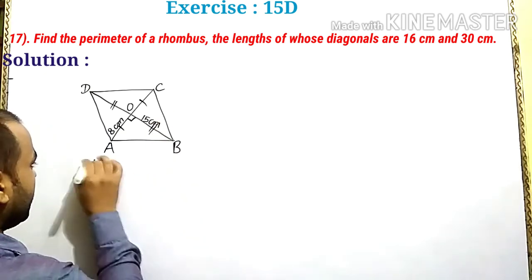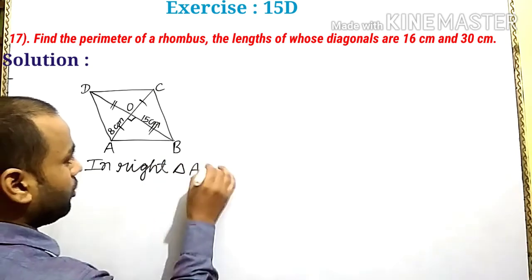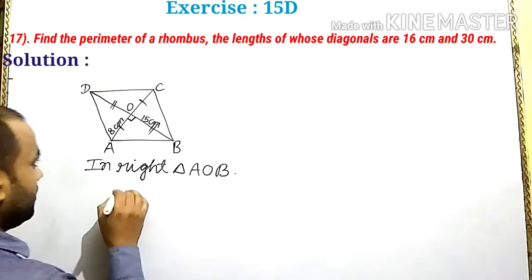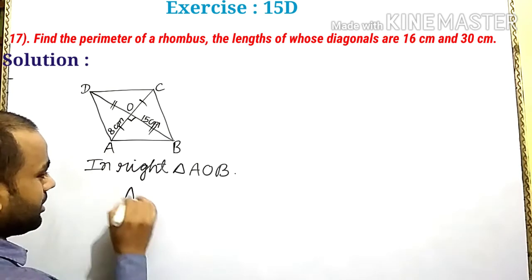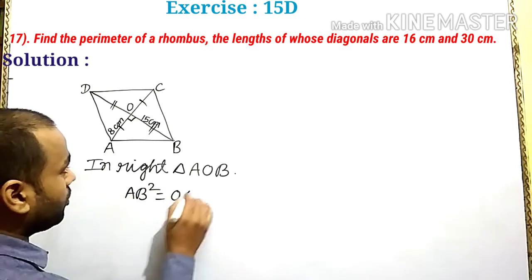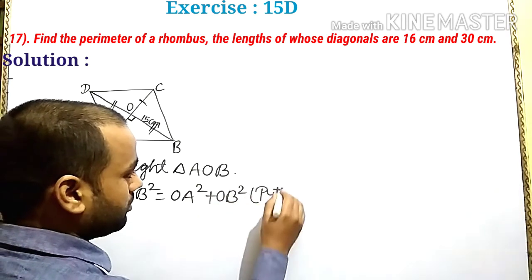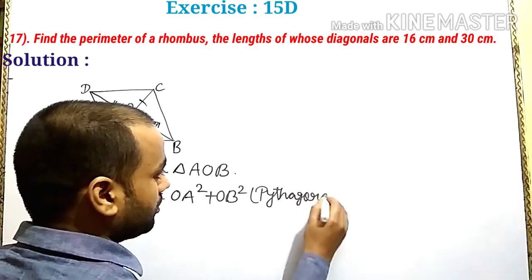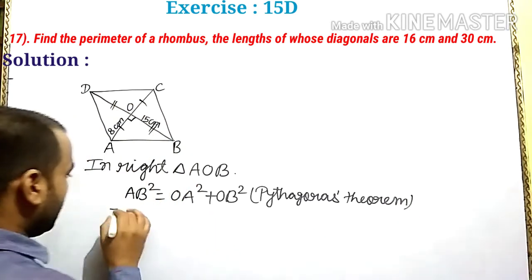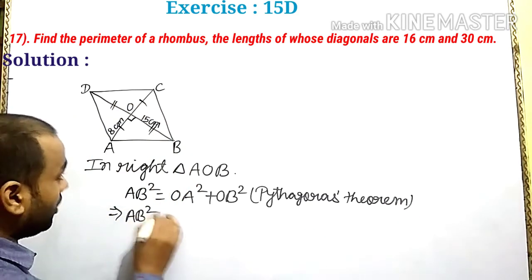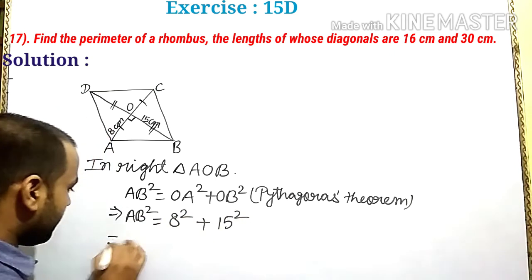So take here right triangle AOB. Opposite the 90 degree is the hypotenuse AB, means AB square is equal to OA square plus OB square by Pythagoras theorem. AB is not given. OA is 8 square, OB is 15 square.